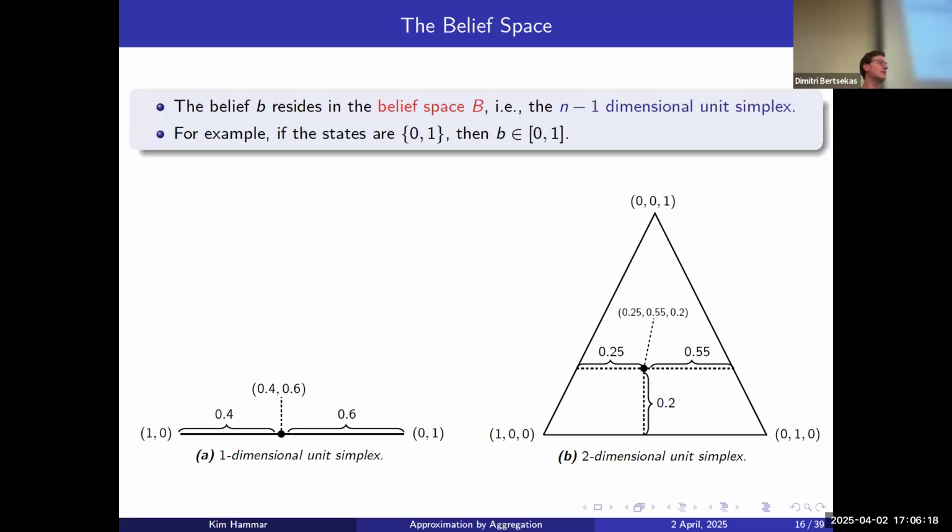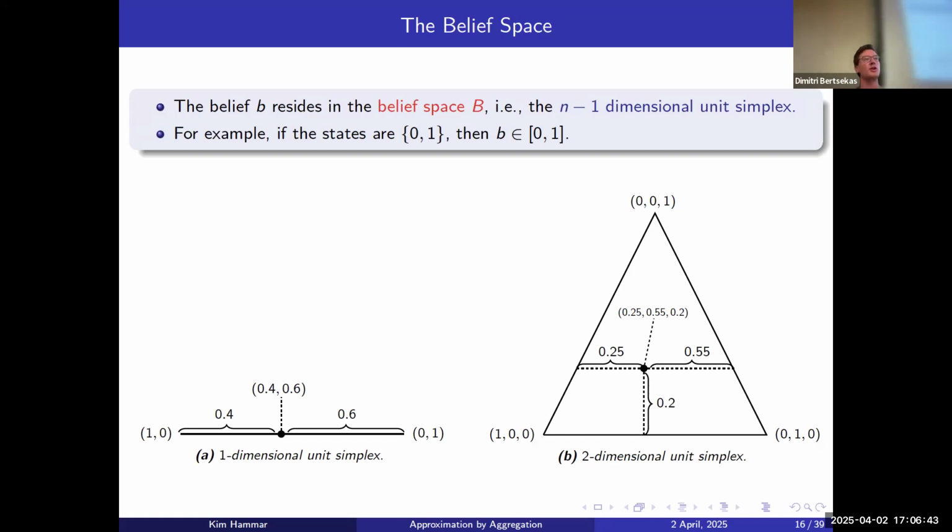If you have 3 states, it's a triangle. If you have 4 states, it's sort of a pyramid, and so forth. Importantly, all of these spaces are continuous, which means that dynamic programming is in general going to be computationally intractable. Therefore, aggregation is a very appealing approach to approximate these problems.